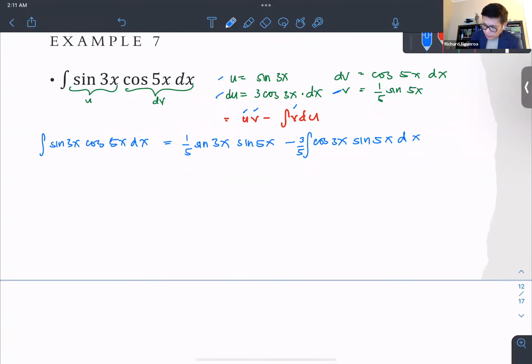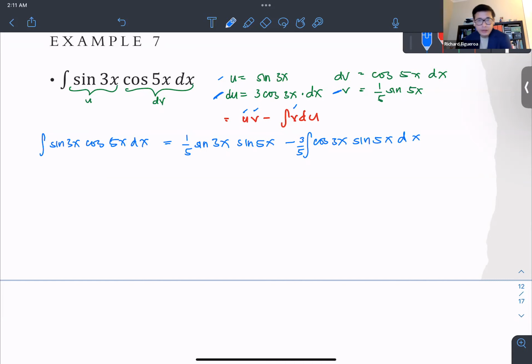So multiply v and du: 1/5 sine 5x times 3 cosine 3x dx. That makes it 3 times 1/5, or 3 over 5, then cosine 3x multiplied with sine 5x. So that is our first try of the integration by parts.